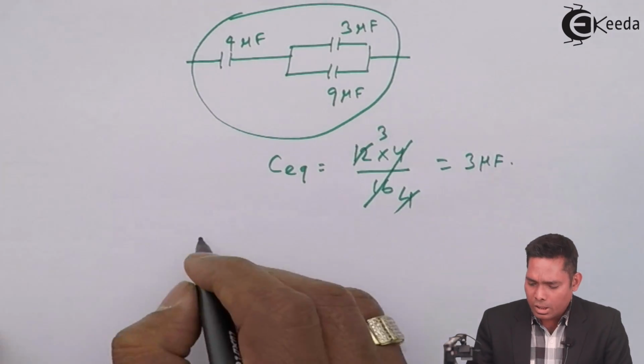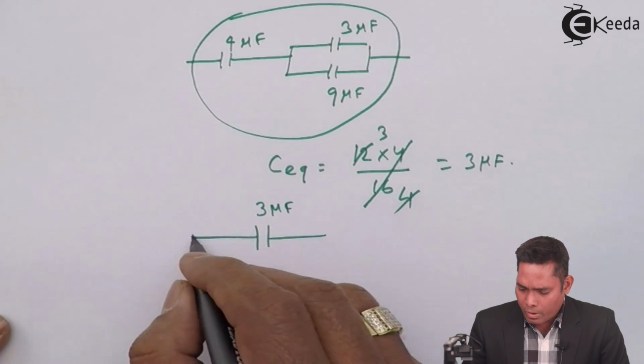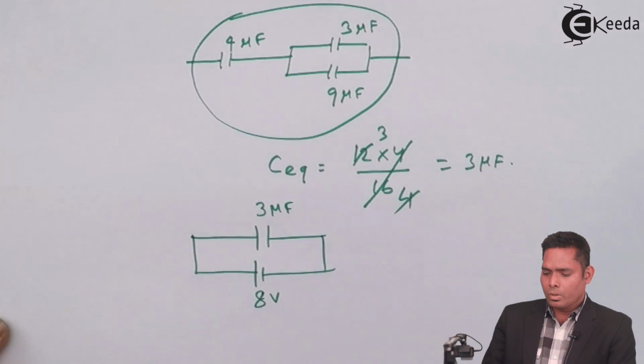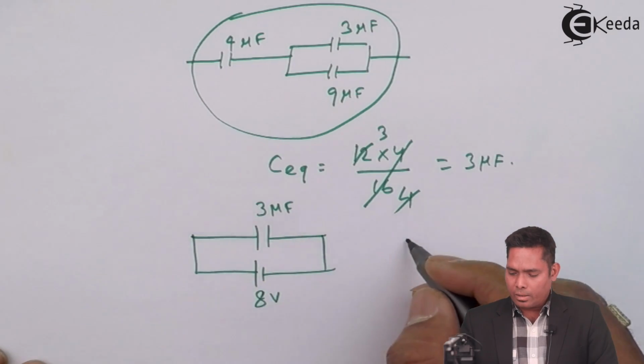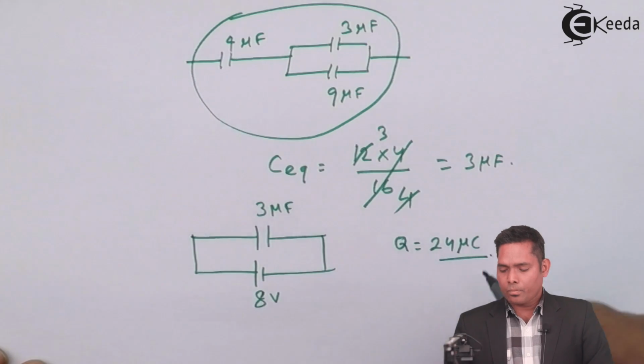So across this 3 microfarad, our voltage that is supplied is 8 volt. So then I can say the total charge that will be stored here is 24 microcoulomb.